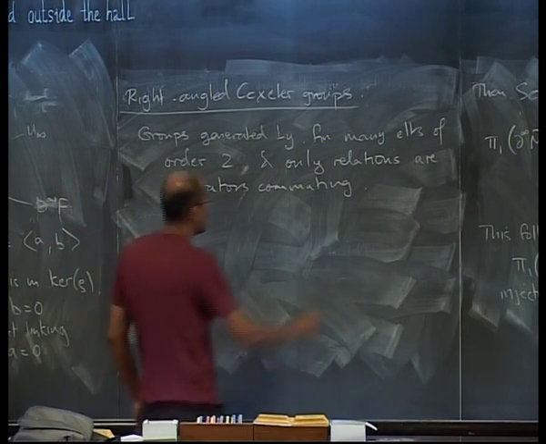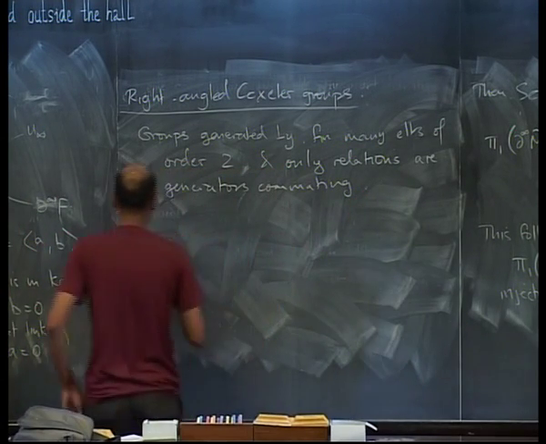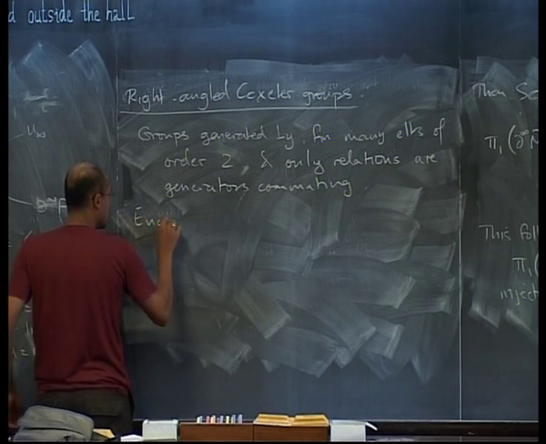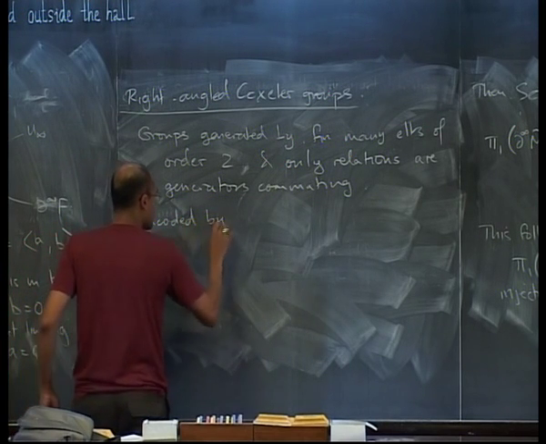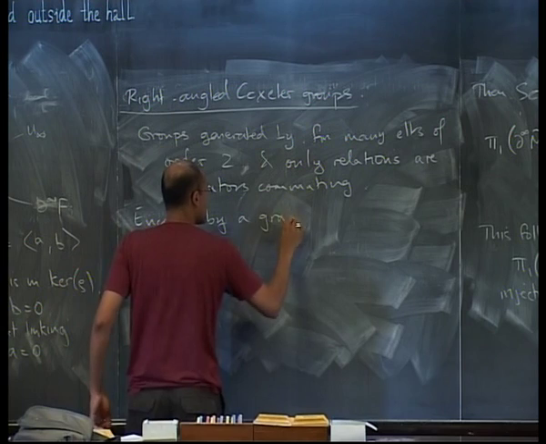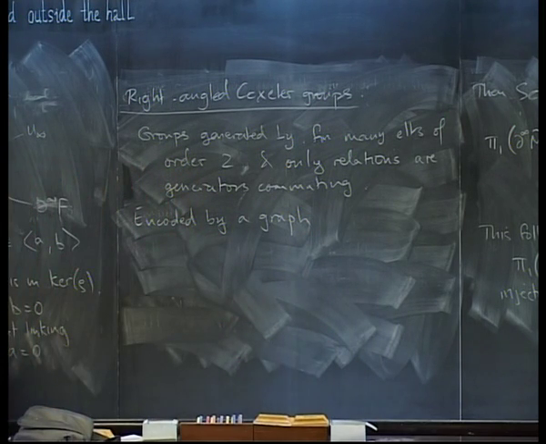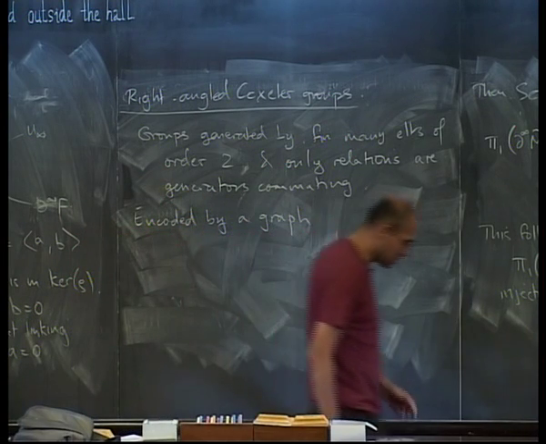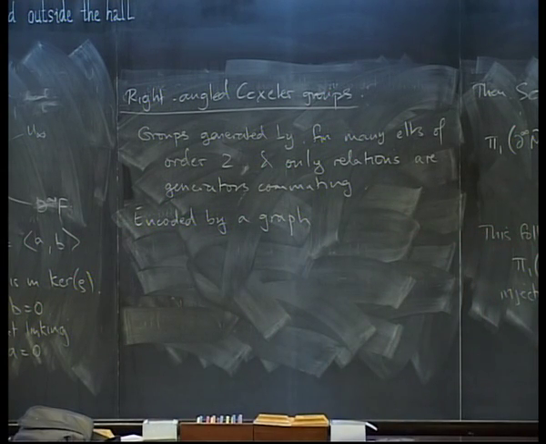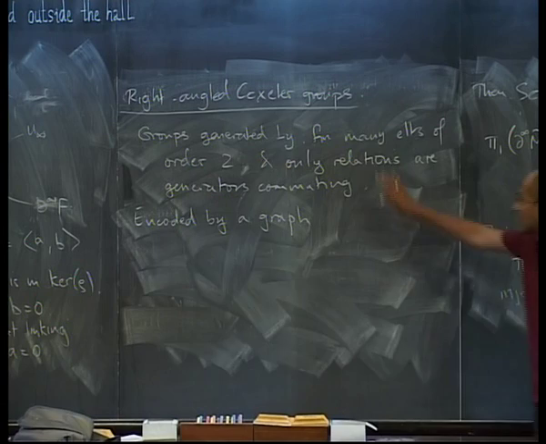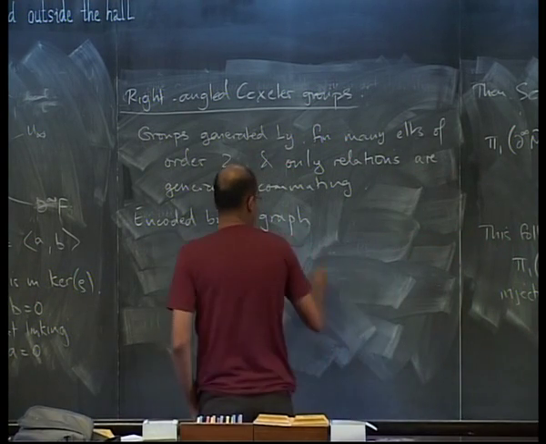Now, the group is completely encoded by a graph, so you can just stick a vertex for each generator, connect them up by an edge if the two generators commute, otherwise don't connect them by an edge. And that gives you all the data you need to construct one of these.